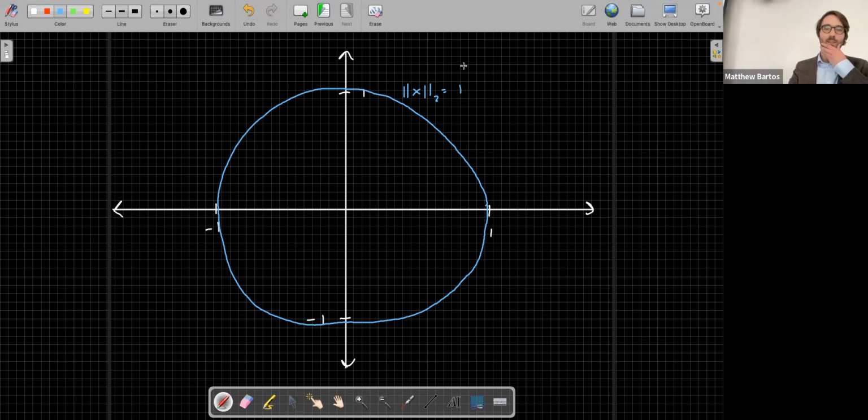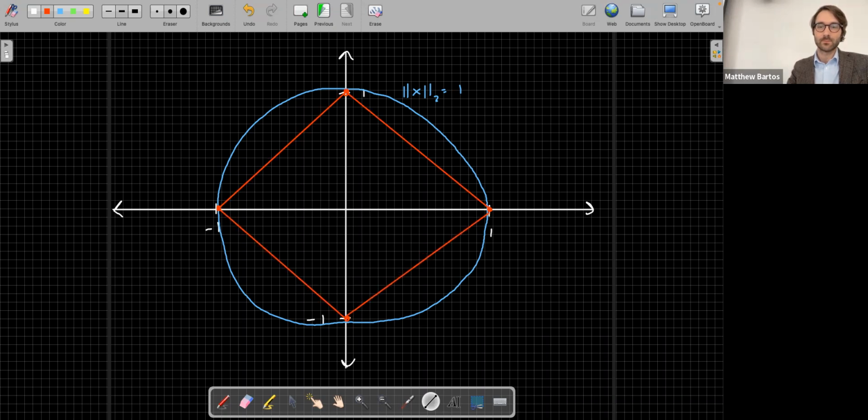All right, what about for the 1 norm? So we know that this one will be part of it, this one will be part of it, this one will be part of it, and this one will be part of it. Yeah, it'll just be diagonal lines here. Okay, so this is for the 1 norm equal to 1.